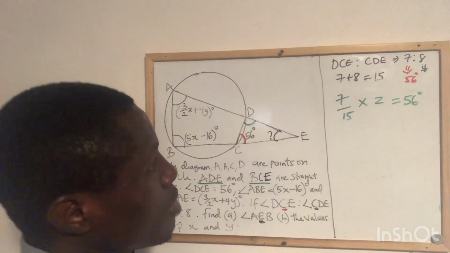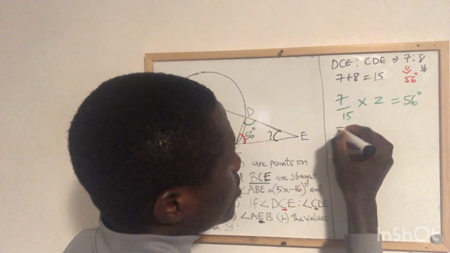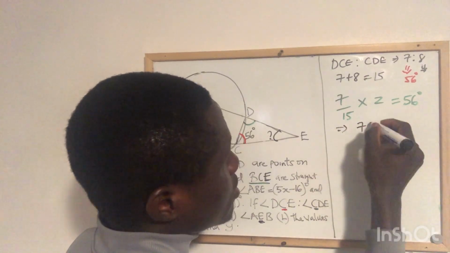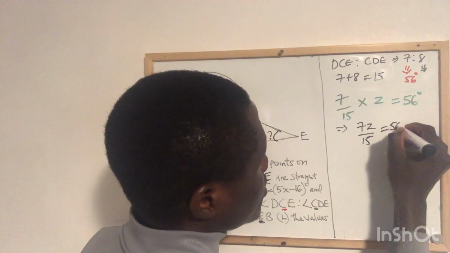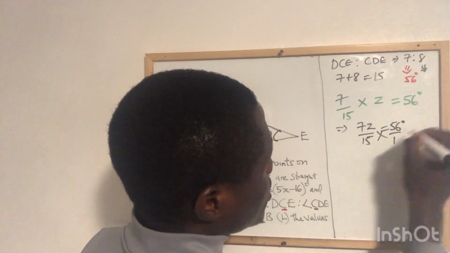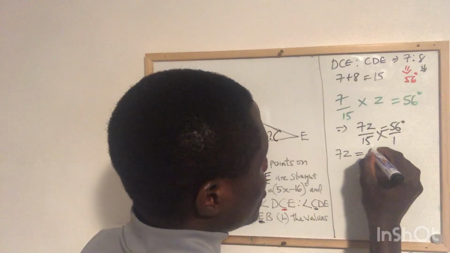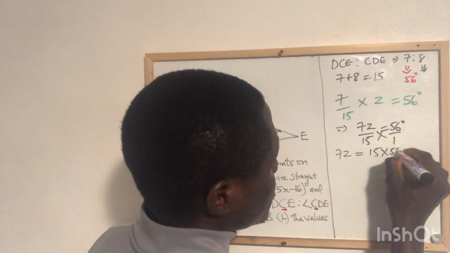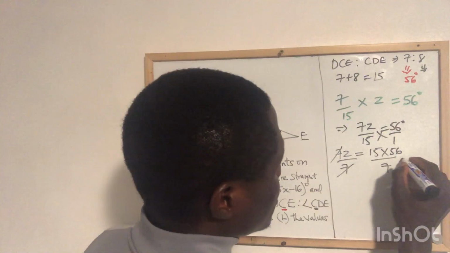So now let's do our calculation. Multiply this, and it's going to give you 7Z over 15 equals 56 degrees. You can do your cross multiplication from here, so you get 7Z equals 15 times 56. Divide both sides by 7 to get your Z. What is your Z?